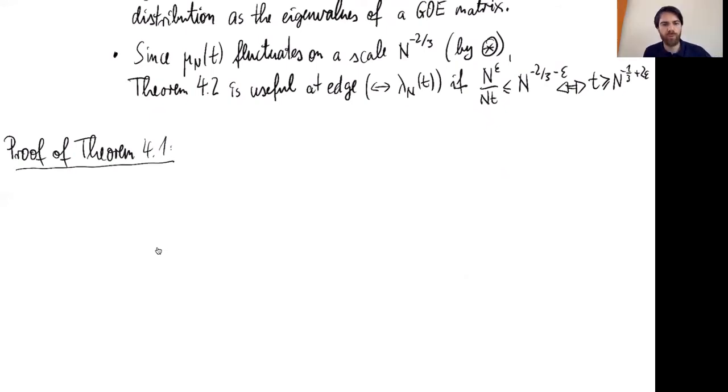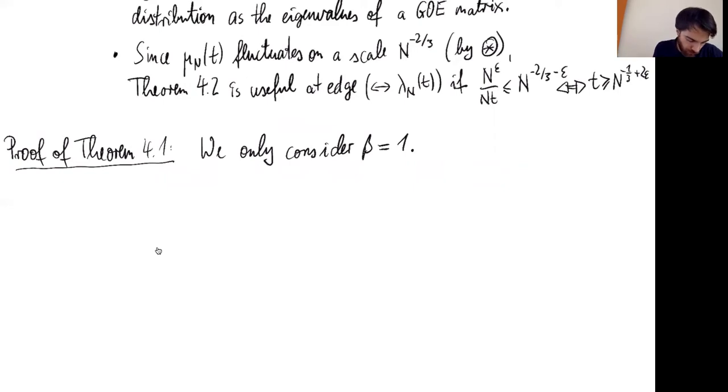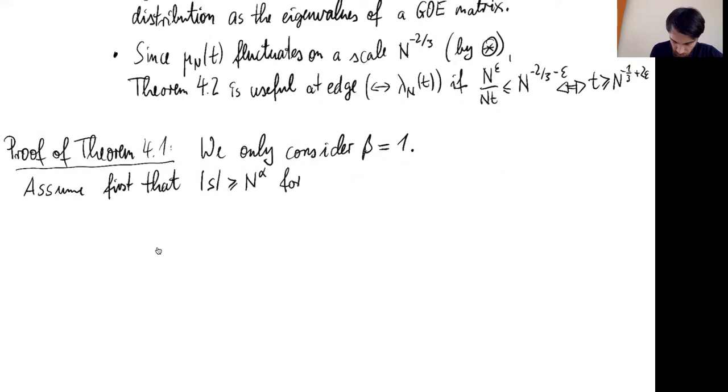As I said before, we will only consider the case when beta is equal to 1, and beta equal to 2 works very similarly. First, we will distinguish two cases for s. The simple case is when s is very large, namely when s is bigger than n to the alpha, for some alpha bigger than 0.